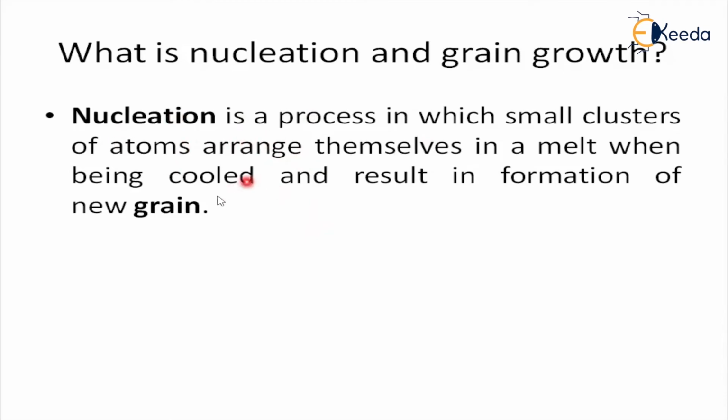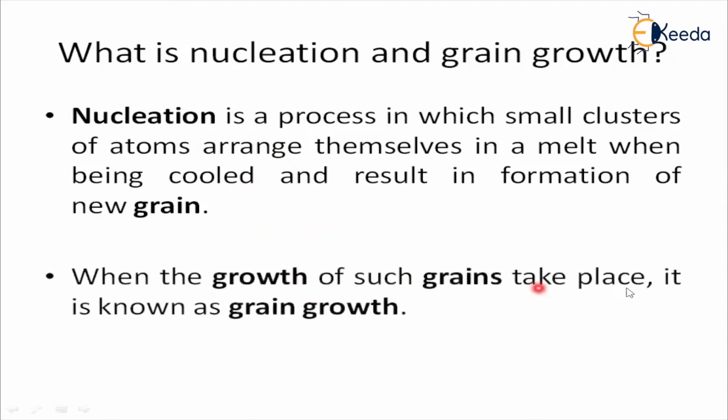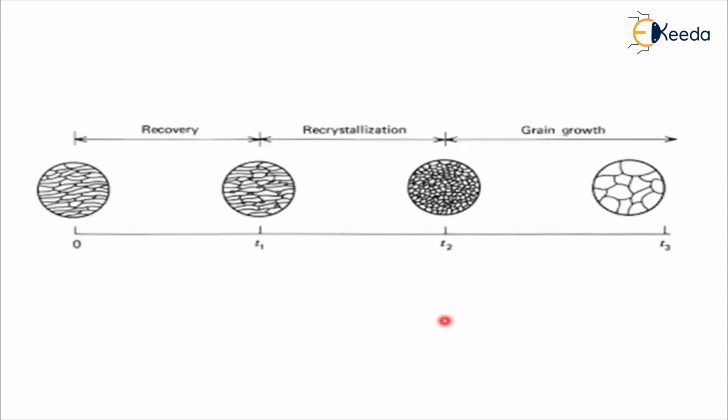After nucleation is completed, the grains automatically increase their size. So when the growth of such grains takes place, it is known as grain growth. You can observe the same image here: recovery, after that recrystallization, then grain growth.